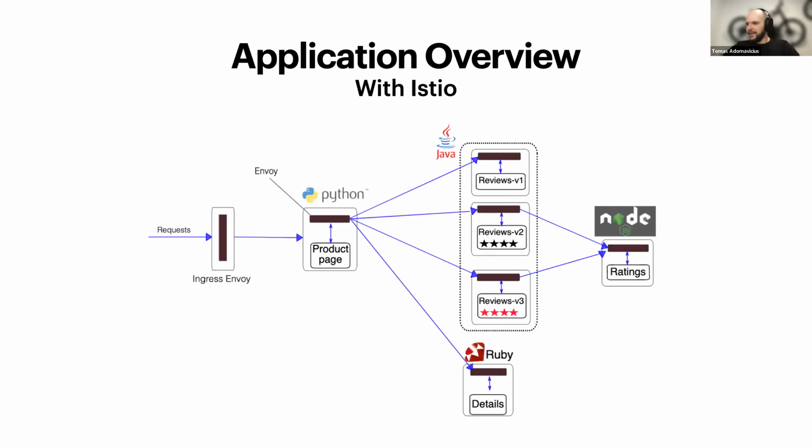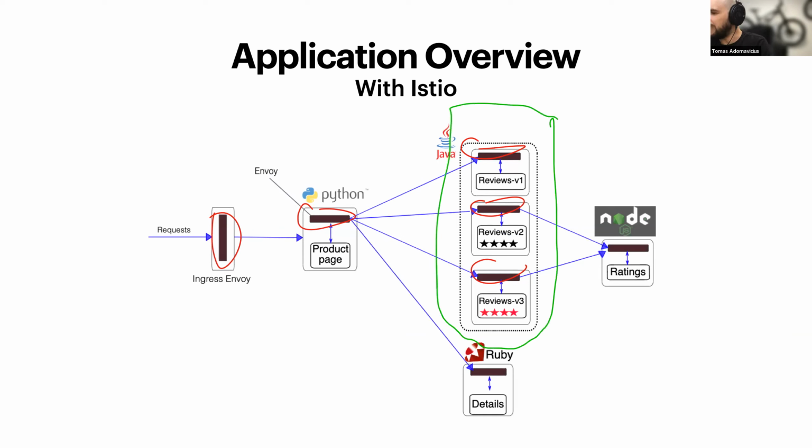So what we have here, all of these boxes are Envoy, and there are no destination rules, which is basically saying that all the traffic goes, well, round robin actually, to all of these reviews services. If you look closely, we have three versions: version 1, version 2, and version 3.